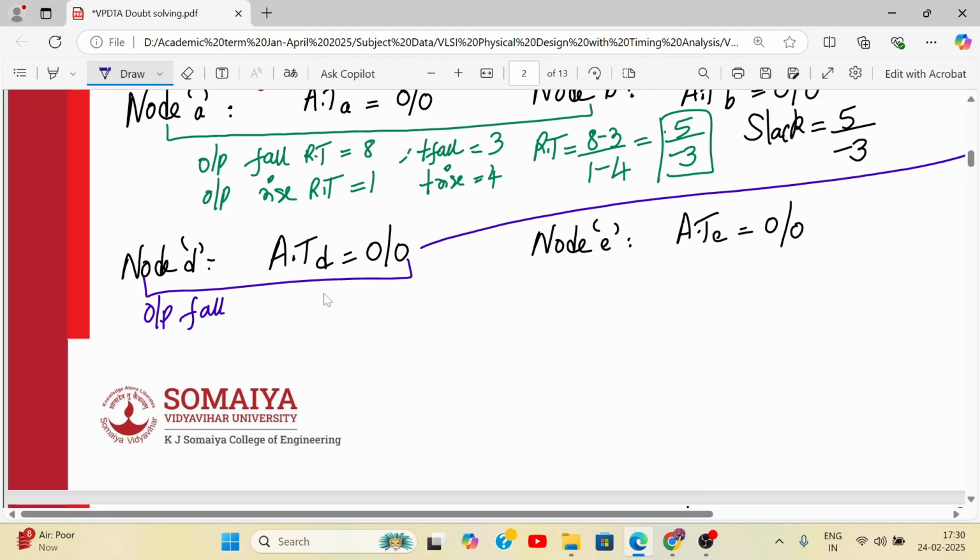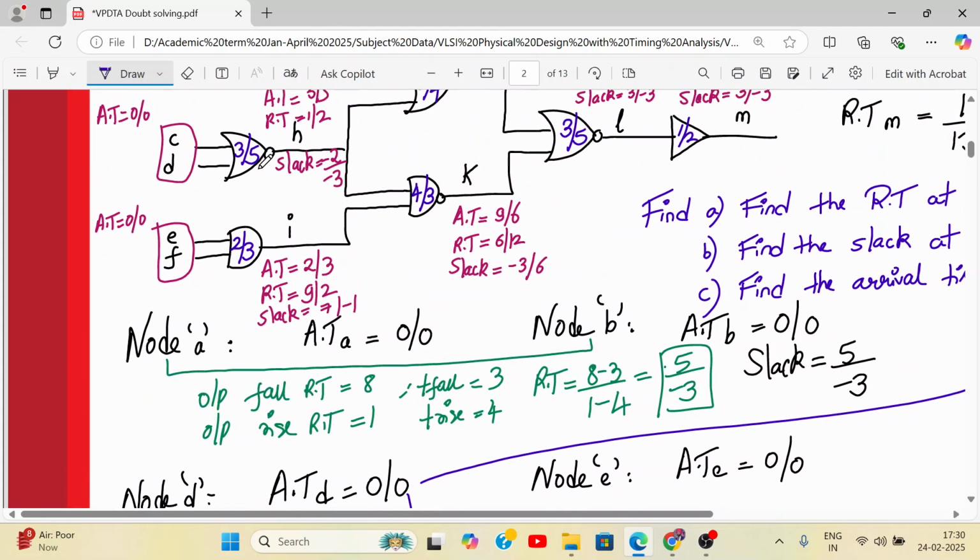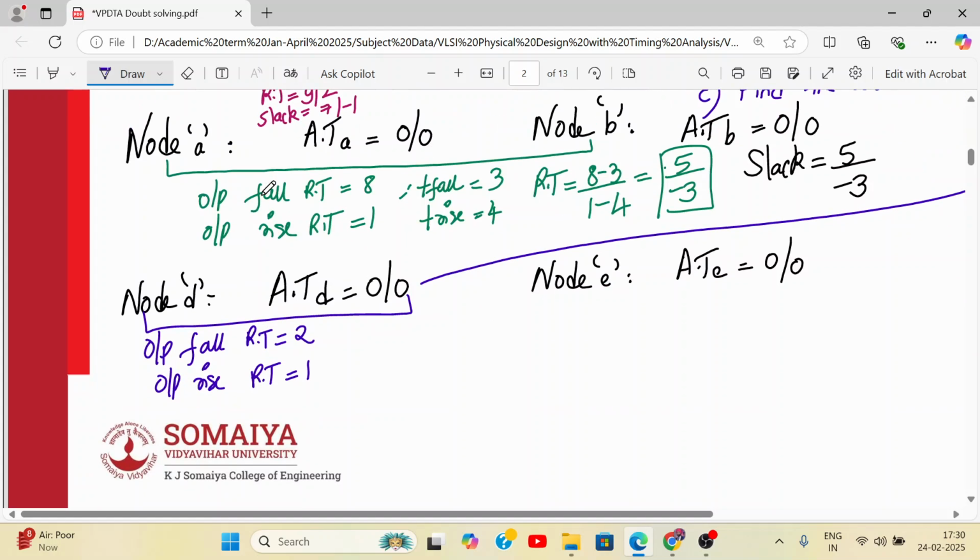Output fall required time 2, output rise required time 1. And what about the T rise and T fall? 3 and 5. T fall is 5, T rise is 3. What will be the required time? Output fall required time minus T fall upon output rise required time minus T rise. So 2 minus 5 divided by 1 minus 3. So it will be minus 3 upon minus 2.